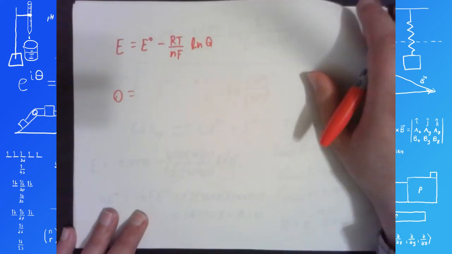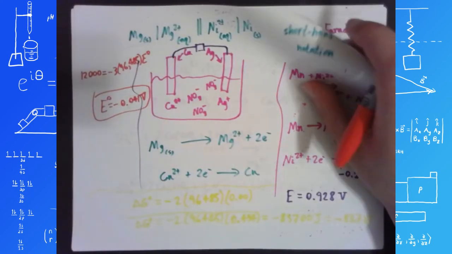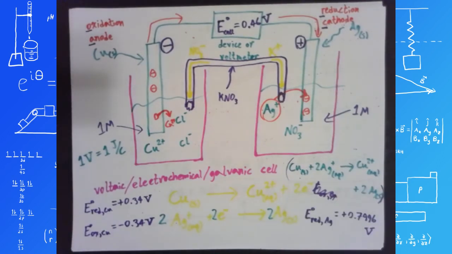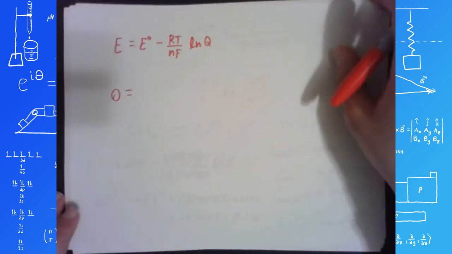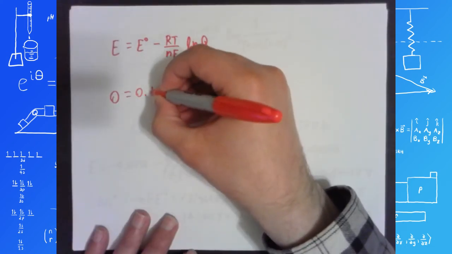E standard, what did we get? I think it was like 0.4 something. 0.46. Yeah, we got E standard is 0.46. Okay.